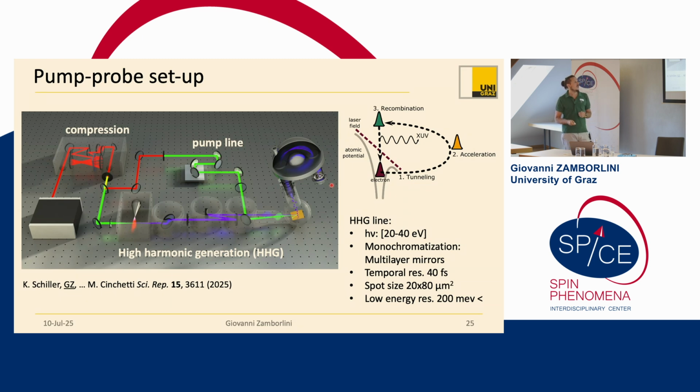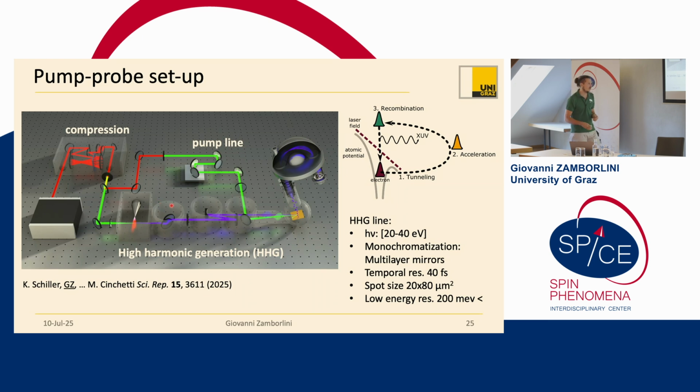So the trick here is to go to what is called high harmonic generation. You take your laser pulse, which is in the order of 200 femtoseconds coming out of the laser, compress it down to 40, 50 femtoseconds, and then shoot it on a stream of argon gas. Because of the high harmonic generation process, what you get out are odd multiples of the seeding radiation.